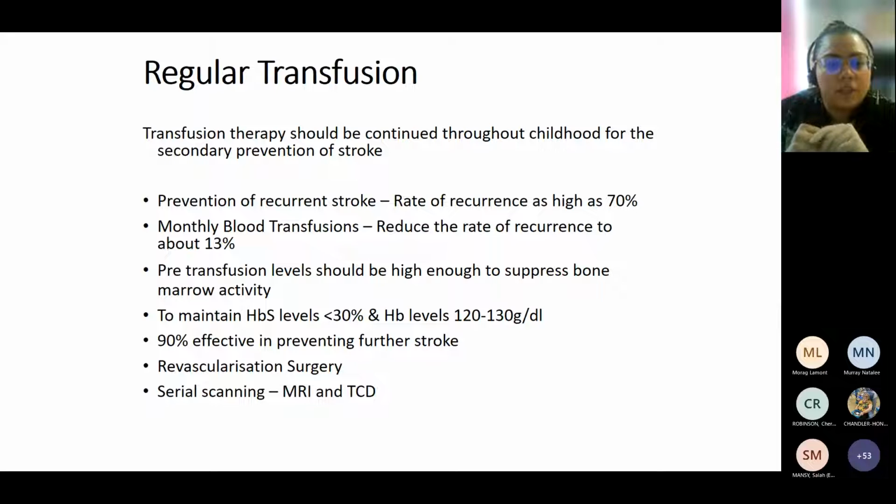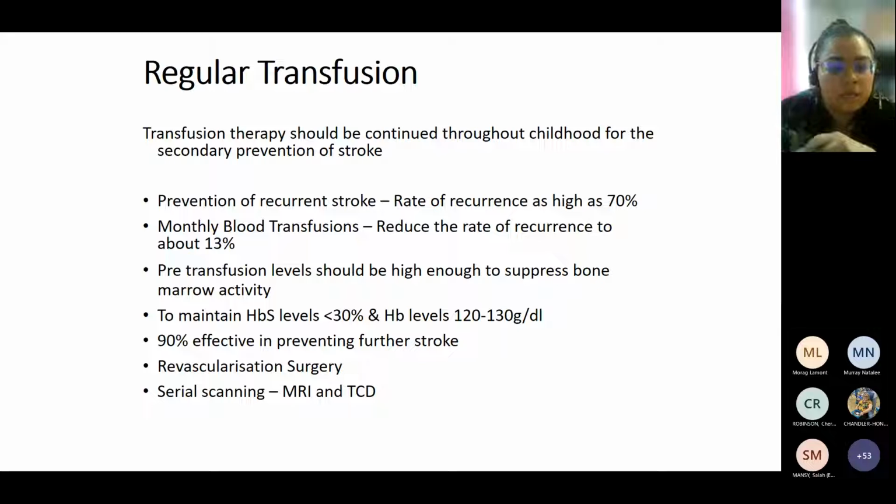So every 4 weeks or 3 weeks when they come in, we want their sickle percentage to be less than 30 or around that mark, and their hemoglobin to be around 12 to 13 ideally post transfusion. By the time they come back around in 4 weeks' time, we're just correcting a little bit of anemia, while keeping the suppression of the bone marrow going as well.